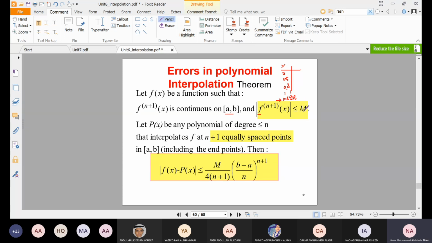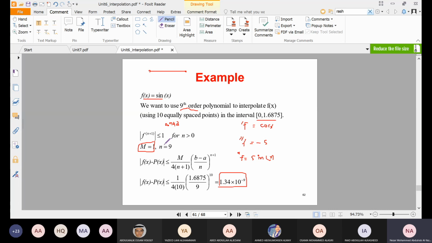In this case, M should be greater than or equal to this value. If this is equal to 0.9, we select M greater than it, usually taking the nearest integer. So here we have M equal 1 in this example. We take M equal 1, equal or greater than the value, with the nearest integer, so we consider it as 1.